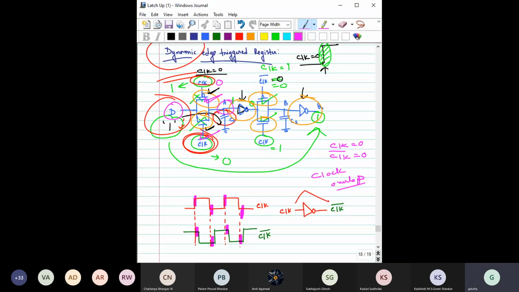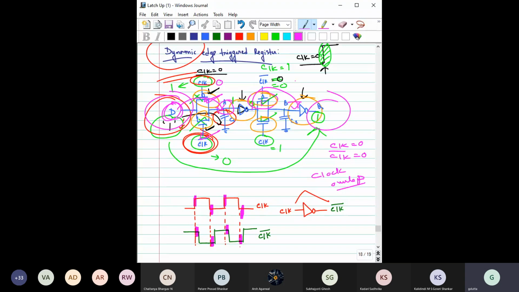Whatever you give at this input is transferred to this node, and as this transistor is also on, it will immediately get transferred to Q as well. So it is not becoming edge triggered. During that time there is a direct path from D to Q.